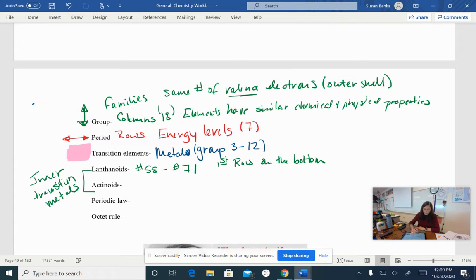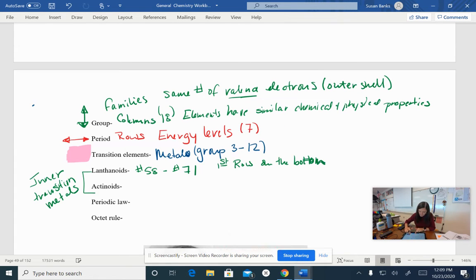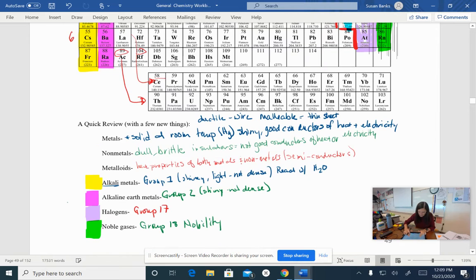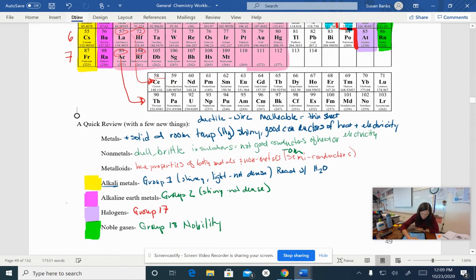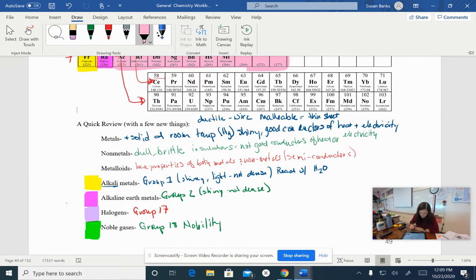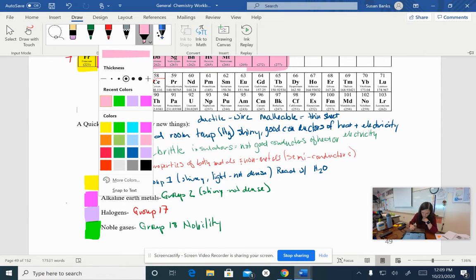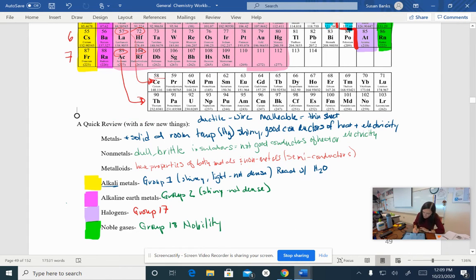So let's get that in here. Let's change a color. Let's use the sky blue. Okay. So the lanthanoids are right here.